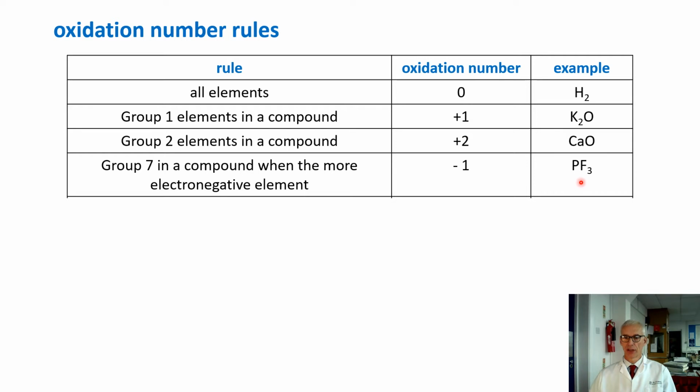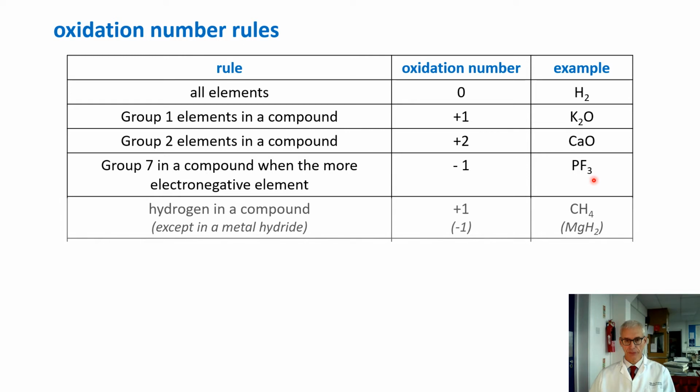So for instance, PF3, fluorine is more electronegative than phosphorus, and therefore the oxidation number of fluorine is -1. Please note, group 7 is not always -1 in oxidation number in its compounds, only when it is the more electronegative element.